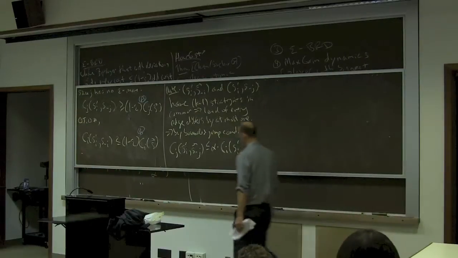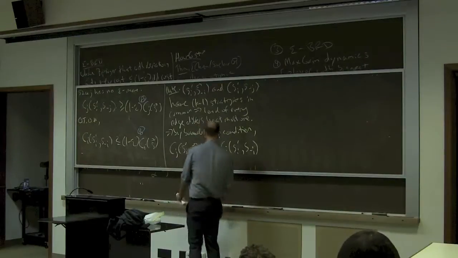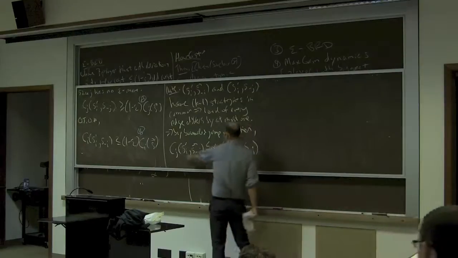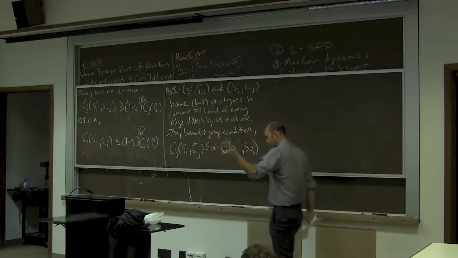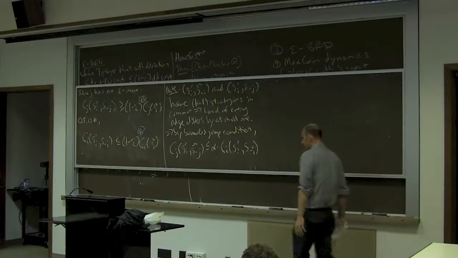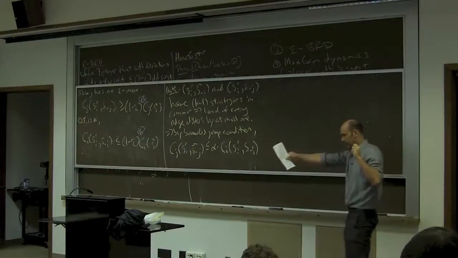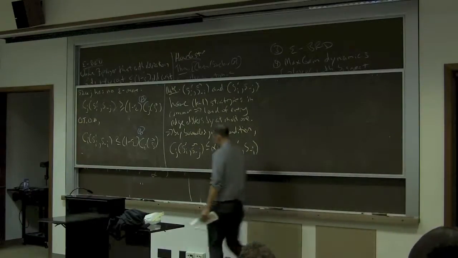In both cases, I'm talking about the player that's actually taking the strategy S prime I. So these are outcomes. The loads are almost the same, up to plus minus 1. On the left-hand side, I'm thinking about J's cost, because it's the player on that outcome that's actually choosing the strategy S prime I. On the right-hand side, I'm thinking about I's cost, because it's the one who's actually choosing that exact same path, S prime I. So that's C.